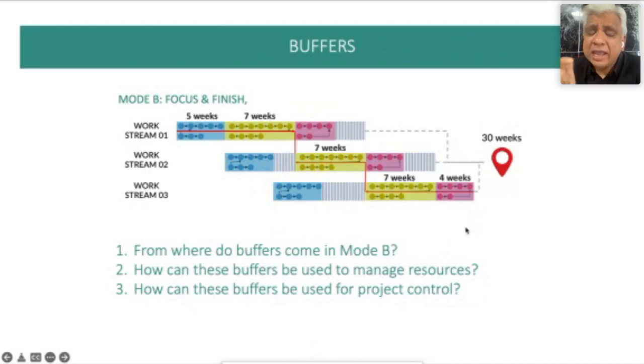And I can also use these buffers to manage resources, because as I said, we have this blue box, but it does not mean I don't need a blue resource some of the time in this green box. So now I have a priority system to say, hey, if there is enough buffer remaining here versus here, then I will allocate the resources to wherever less buffer is remaining.